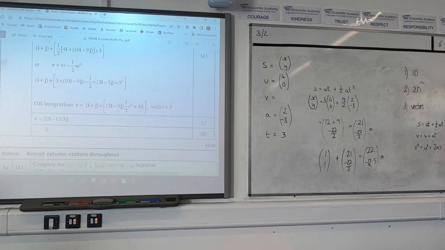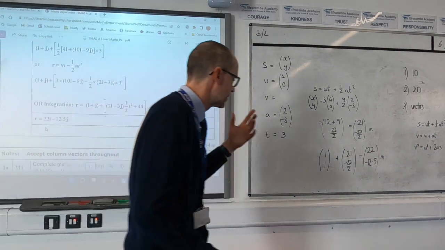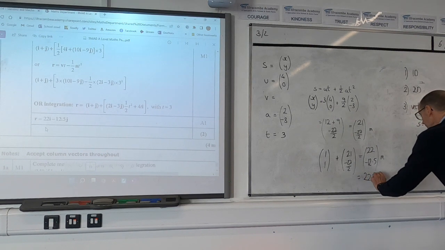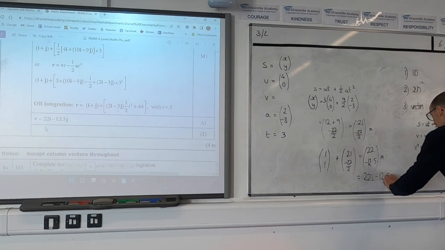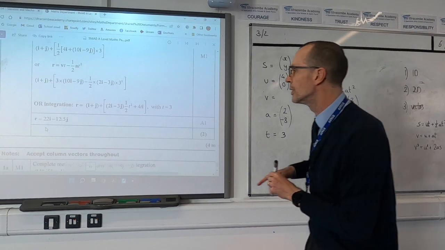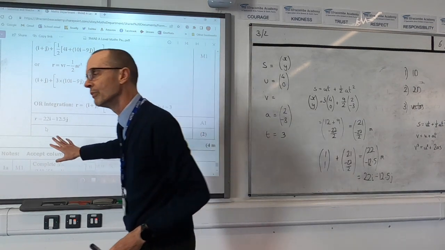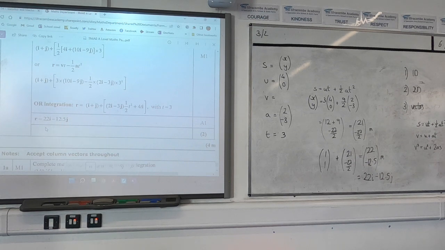They didn't include the units, but of course they originally phrased the question using I and J, so I needed to do that. Although you will note that the mark scheme says accept column vectors throughout, so that would imply to me that even if I left my answer in column vector form, that is okay.